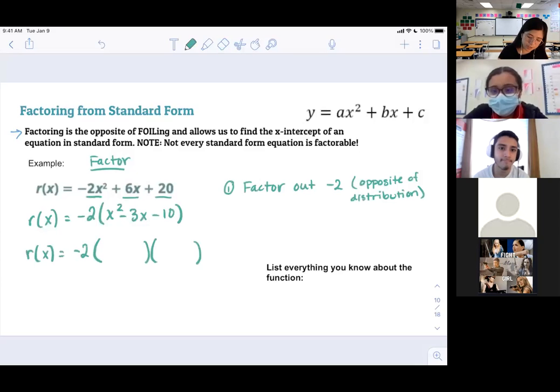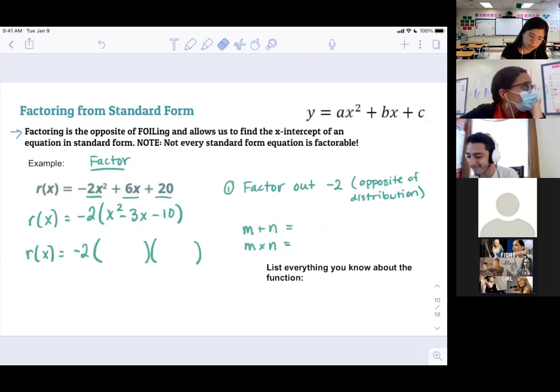The question is, what two numbers will add up to -10? This is the m and the n thing. So m plus n is -10. M times n. Oh wait, I did it the wrong way. I'm sorry. M plus n is -3.